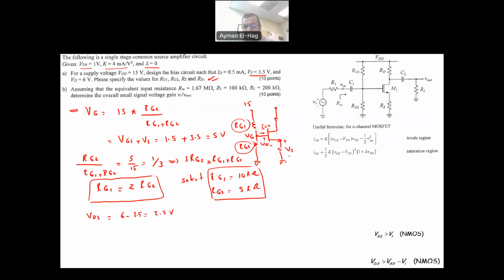This is greater than VGS, which we found as 1.5, minus VT, which gives 0.5. So yes, the transistor is indeed in the saturation region.